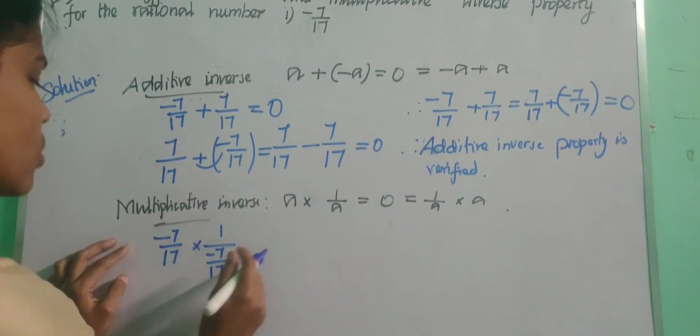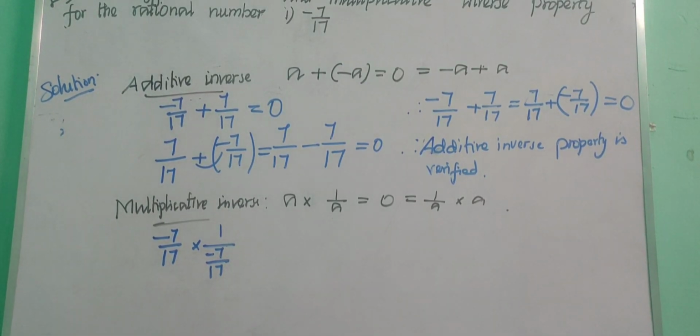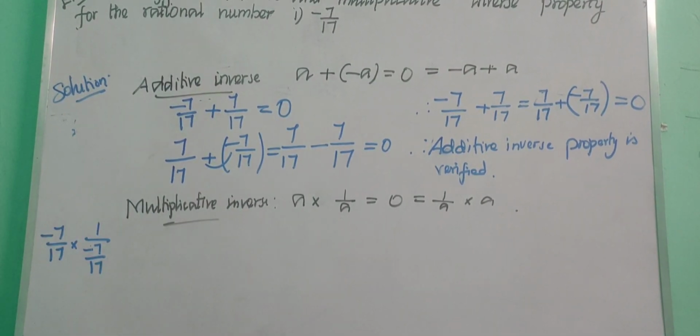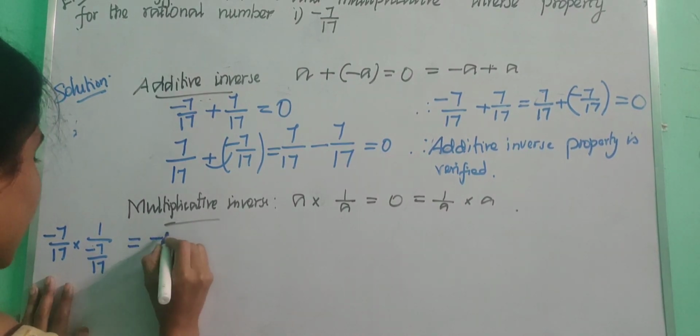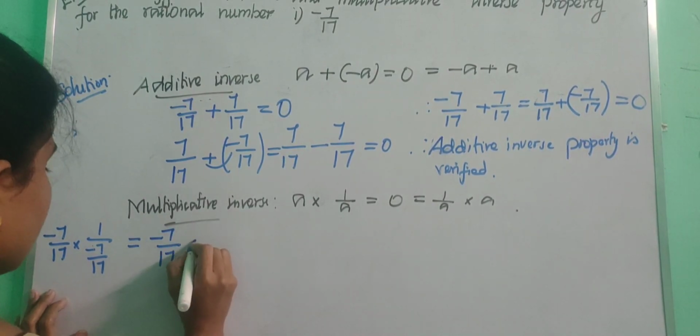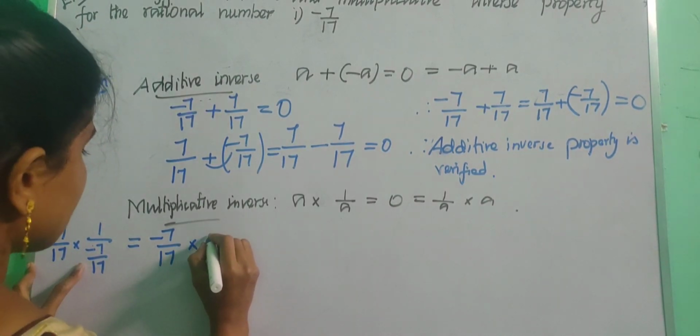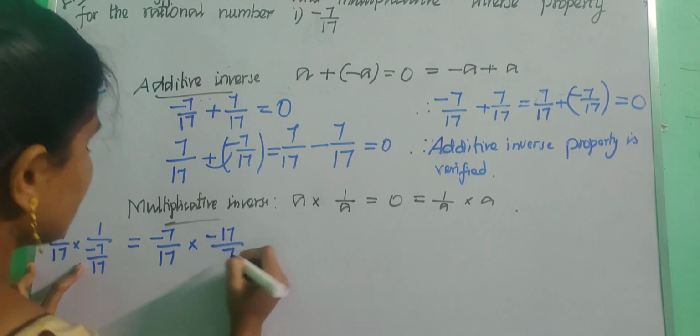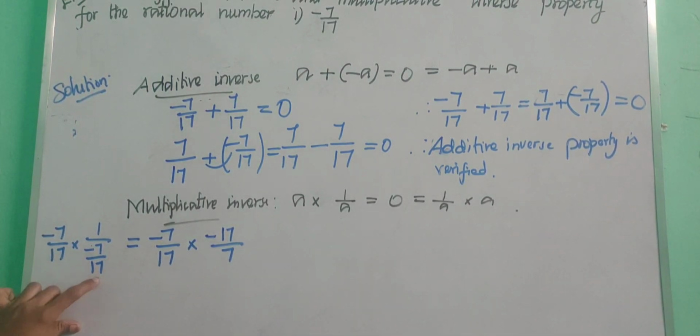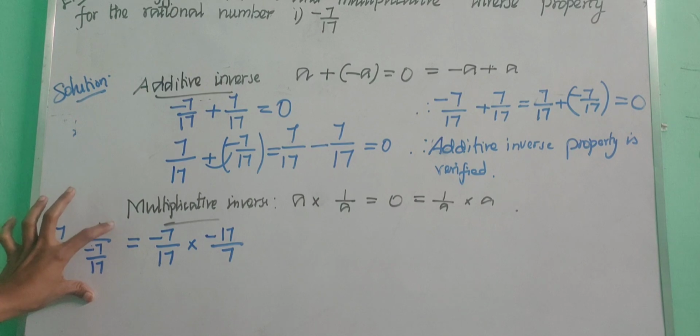Is it children? So how will you write this? So minus 7 upon 17 into, here we are having 1 upon minus 7 upon 17, right? So that you will get the answer as minus 17 upon 7, okay. So the 17 will go in the numerator, right?